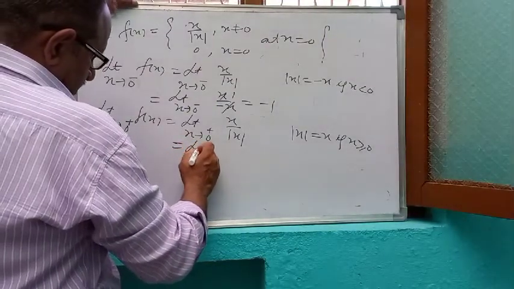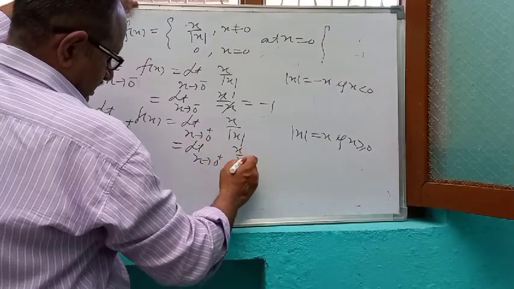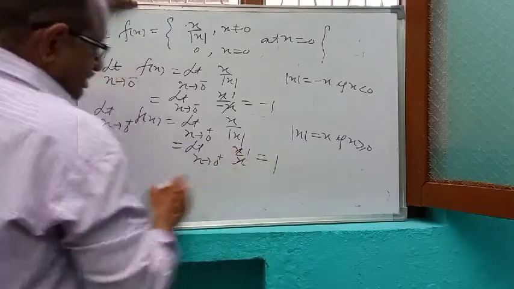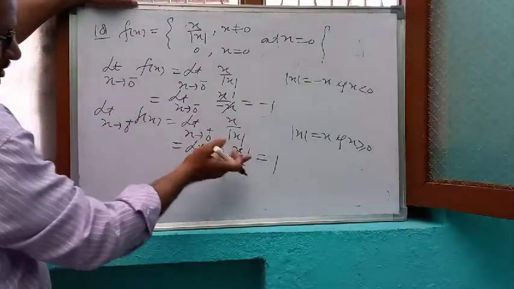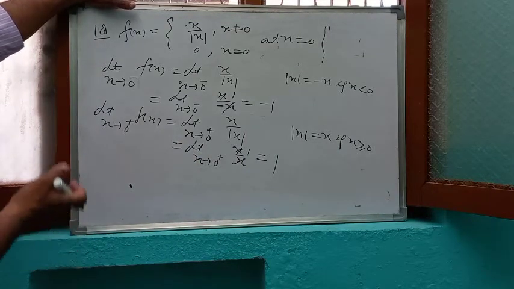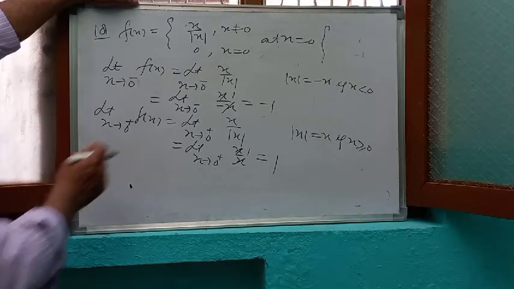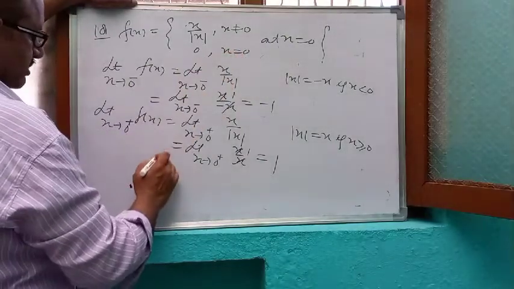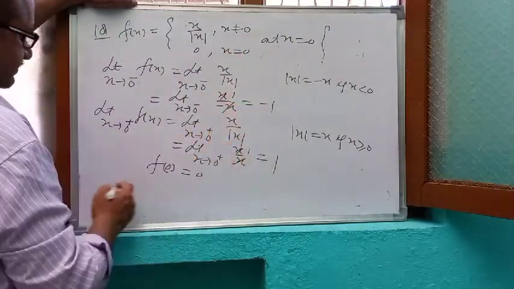So it will be limit x tends to 0 plus x upon x. x cancels. So the limit is 1. We see that the left hand limit and right hand limit are different, not equal. It means the limit does not exist. And if the limit does not exist, then the function is not continuous. The value of f(0) is given as 0.